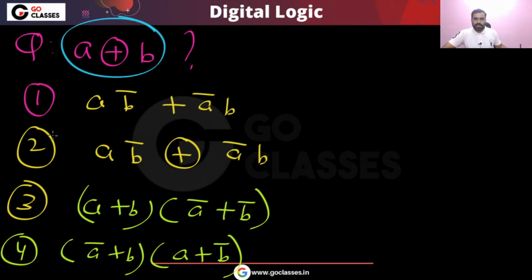A exclusive or B is the same as A bar B plus A B bar, we already know this is correct. But remember, this and this can never be one simultaneously.